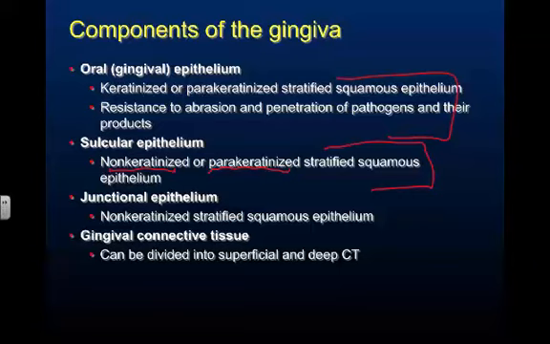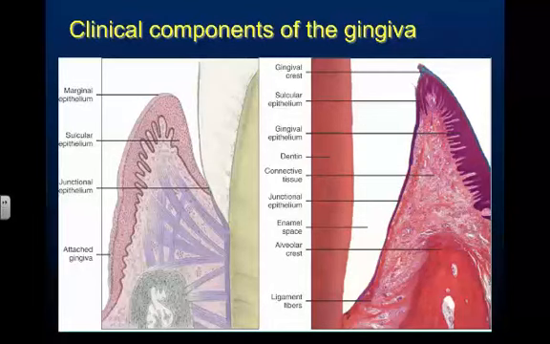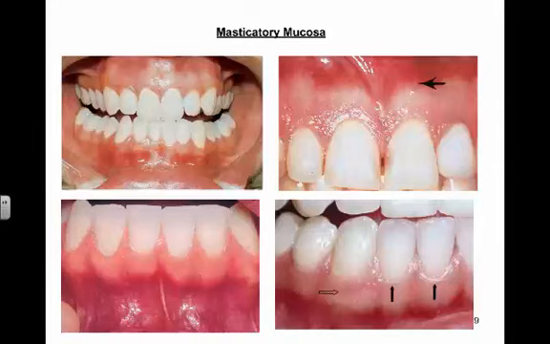It's intermediate between non-keratinized and orthokeratinized. That's why it has dead nuclei. Junctional epithelium, when we're now coming around to the junctional epithelium, it is non-keratinized stratified squamous. So we're going from the sulcular epithelium, which is para, to junctional epithelium with stratified squamous, non-keratinized. Okay, now, who cares? You care.